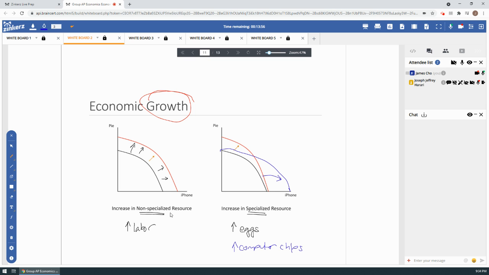So whether we have a proportional shift like we do when we increase a non-specialized resource, or we have some sort of rotation when we increase a specialized resource, for both of these, that's considered economic growth because you're able to produce more now than before. It's whether you have proportional growth or you have growth in one area.